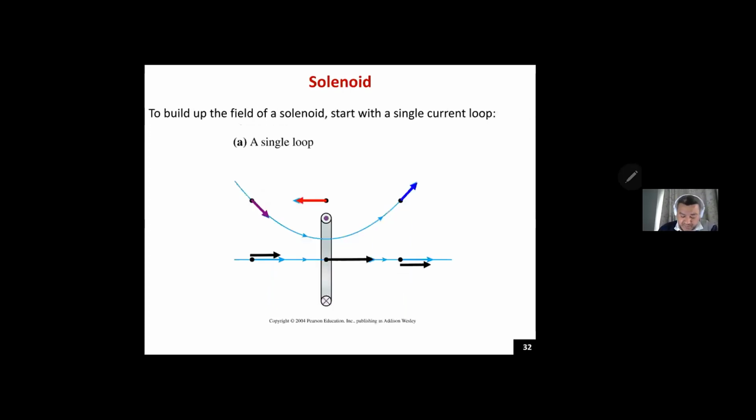Before I describe how the field is going to look in the solenoid, I would like to refresh your memory about that single loop that we've done. If you recall, for the single loop, the magnetic field right on the axis that goes through the center of the loop is perpendicular.